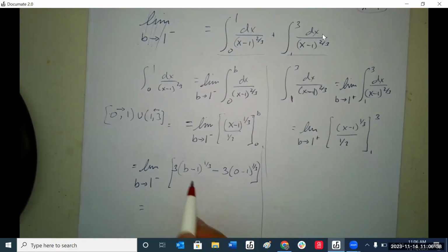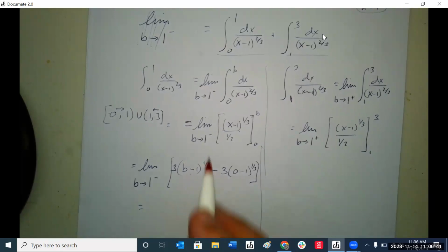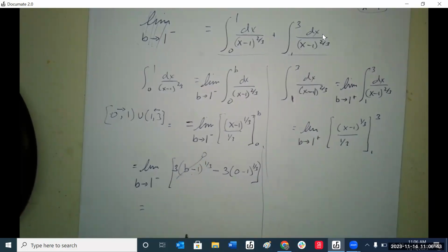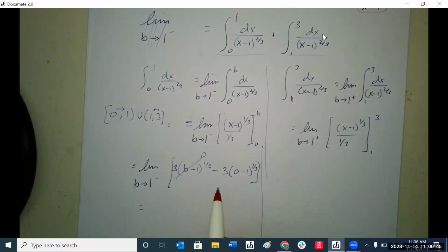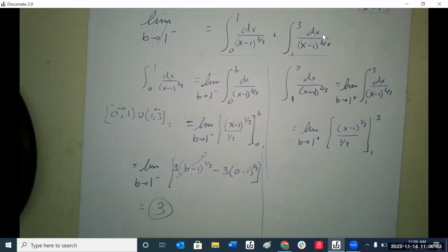So as b goes to 1, this one goes to 0. This one becomes negative 1 to anything, which is still negative 1, and negative 1 times negative 3 is positive 3. So that one's 3.